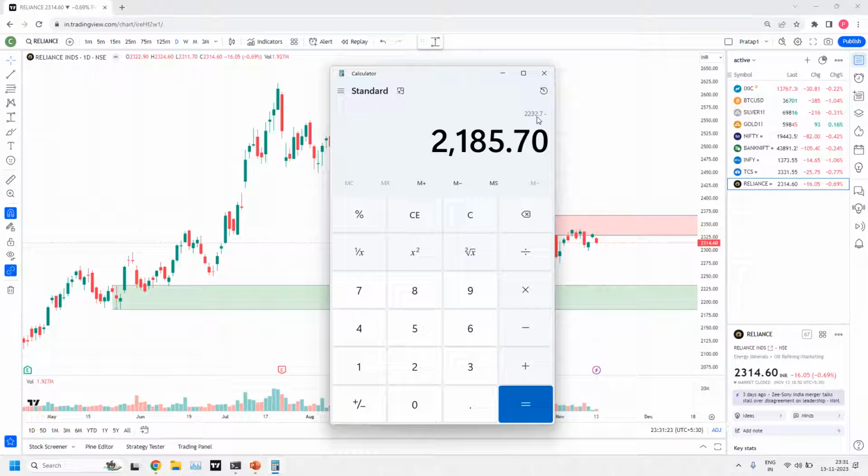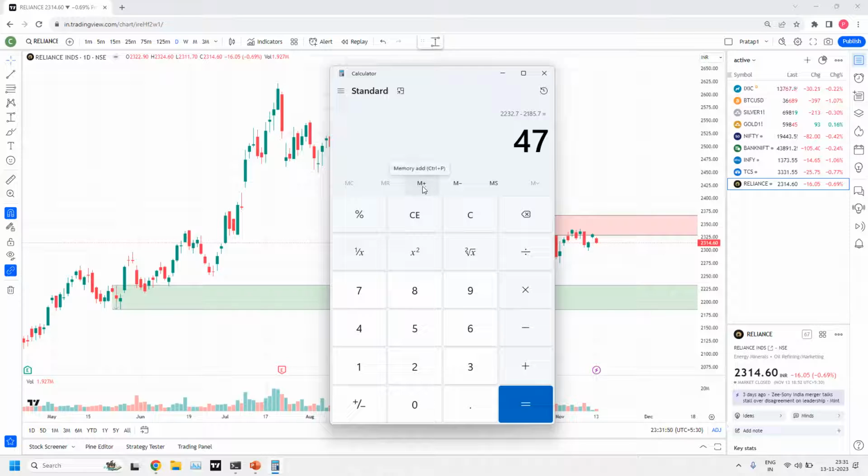So 2232.70 minus 2185.70 equals 47. So 47 is the risk. The risk is 47 Indian rupees.